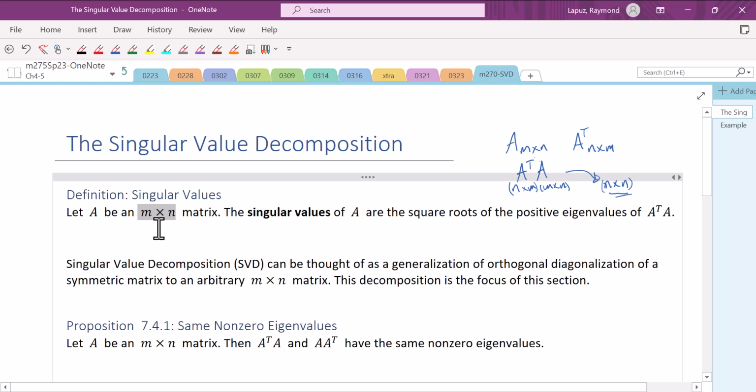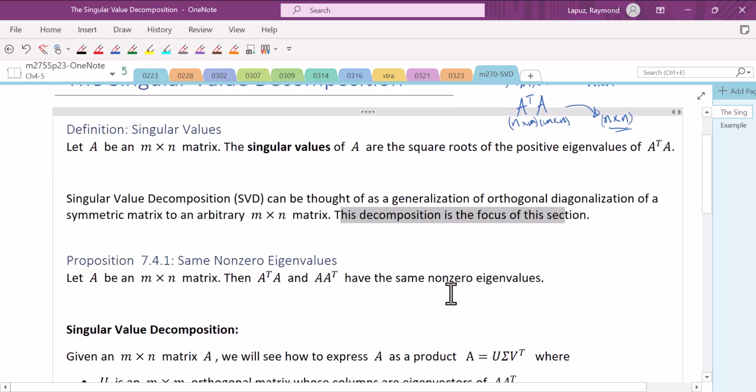But the idea here is to diagonalize it so that one of the matrices looks like a diagonal, even though it's not necessarily a square matrix. So let's find out what that means. This decomposition is going to be the focus of this talk right here.